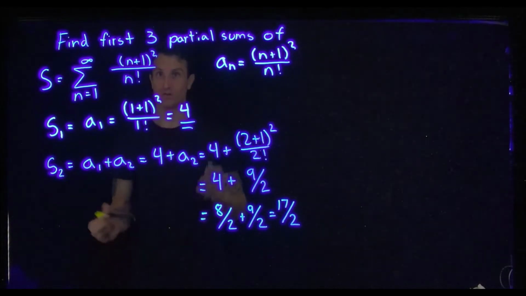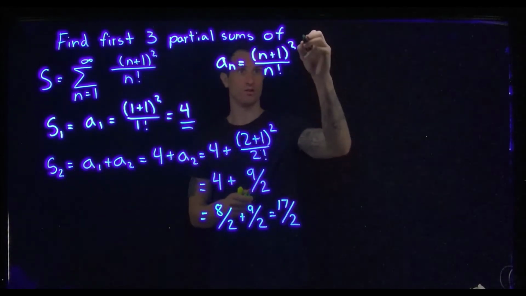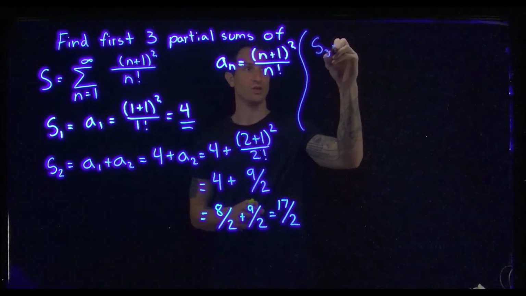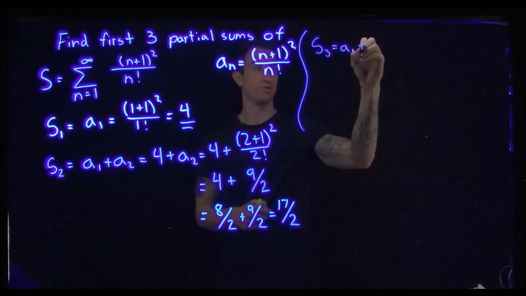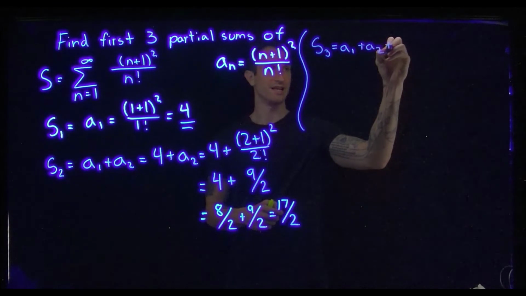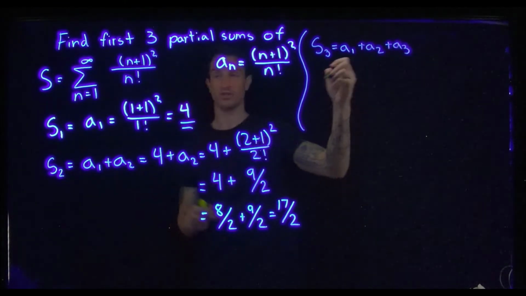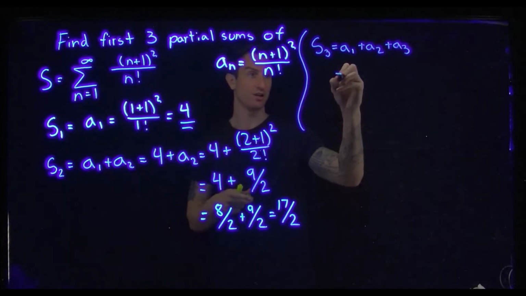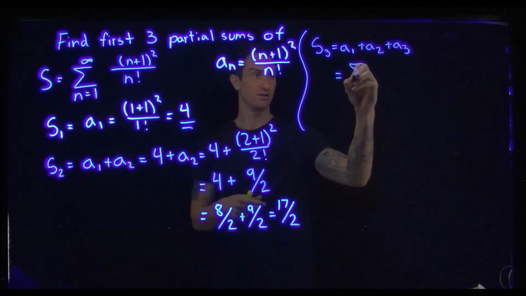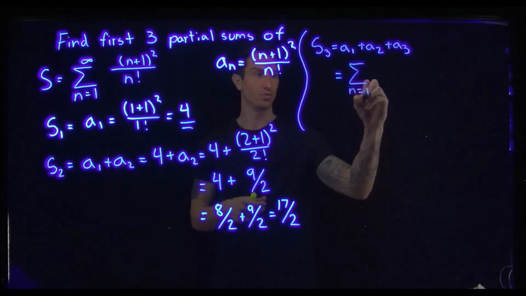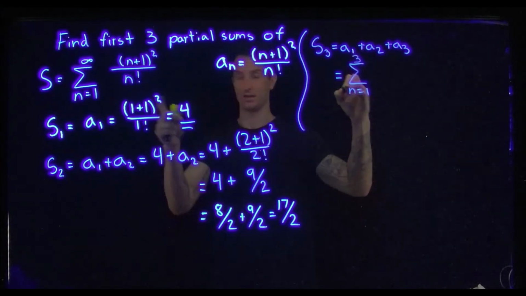Okay, and we'll do our last one over here. We'll draw a line. We want S3, which we know is going to be A1 plus A2 plus A3. You could also think of this, just so we see the summation notation, as the sum from n equals 1 to 3 of this.